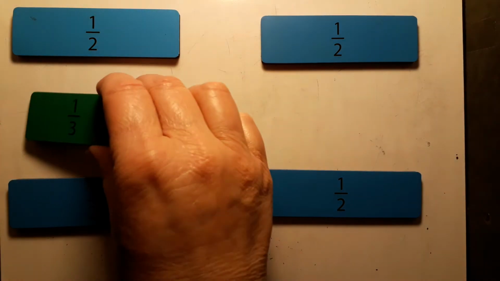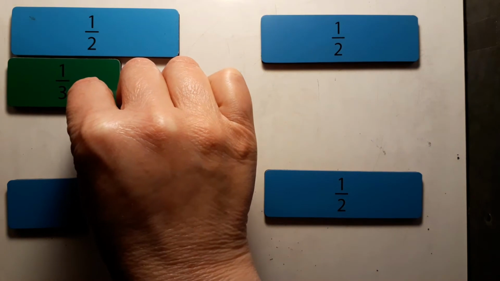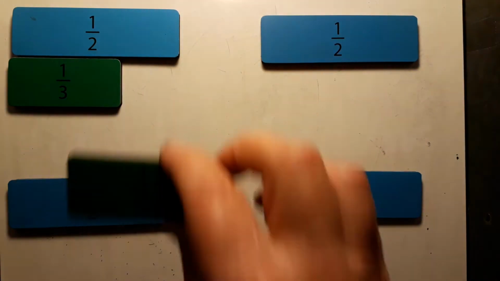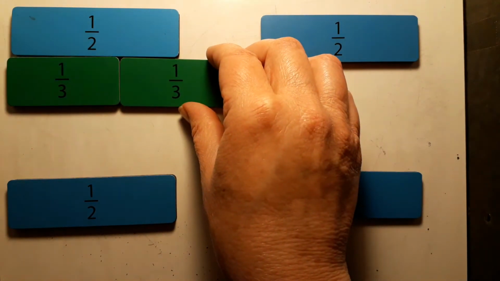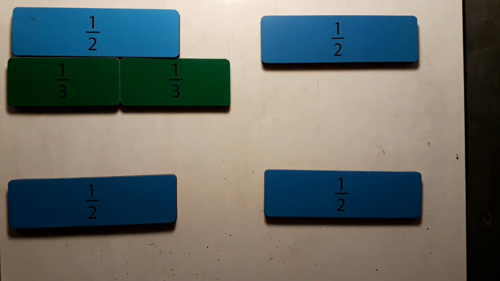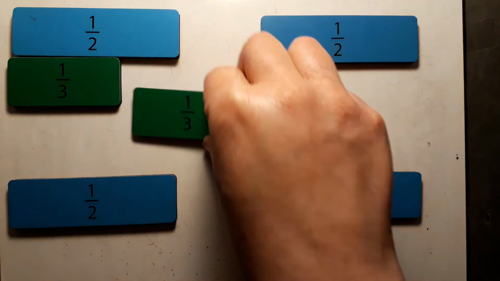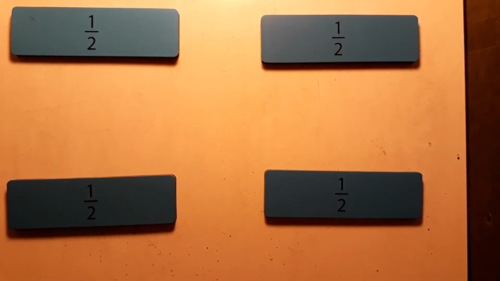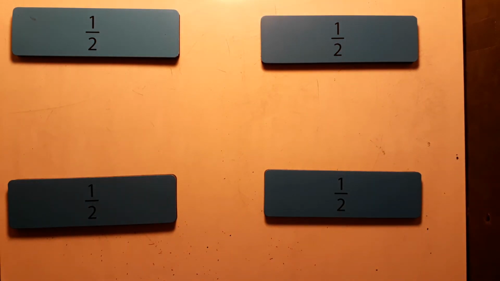So the first one I'm going to test is thirds. Okay, so we can see that I can't make an equivalent fraction to a half using thirds. Alright, and I'm going to work systematically, and now I'm going to test quarters.